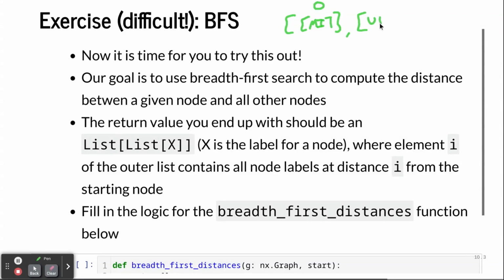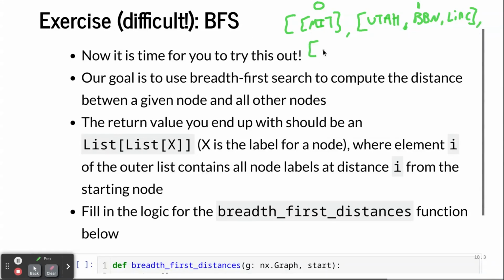Then we would have Utah, BBN, and Link in this next element, and these are all the nodes at a distance 1.